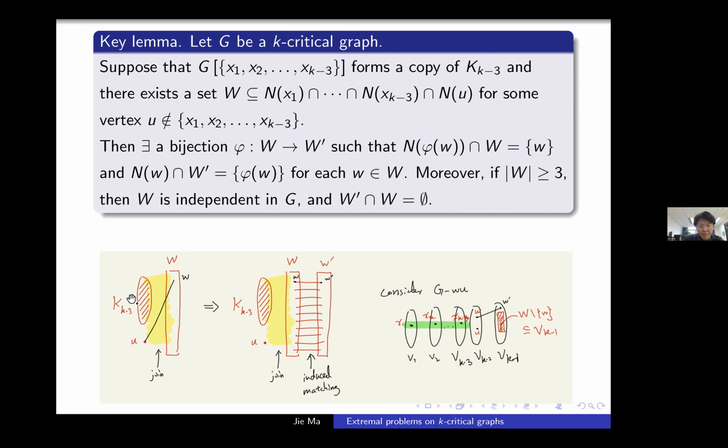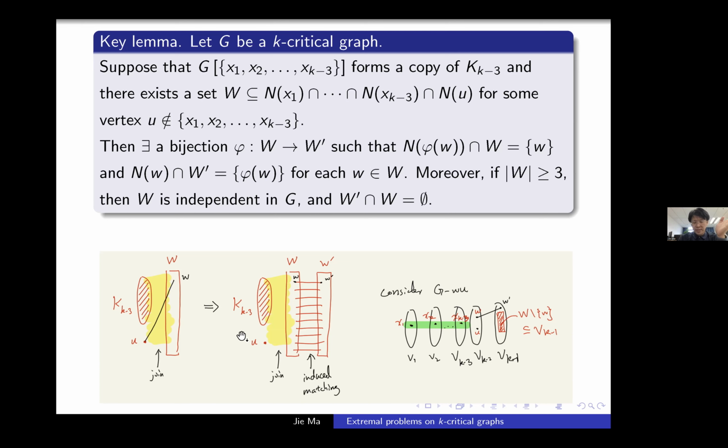But the thing is, we are not able to prove that the set W prime and the new set are disjoint from each other. From the construction, we know they are disjoint, but we just lack some new arguments to say those two parts are disjoint.